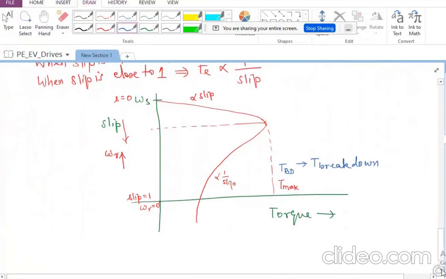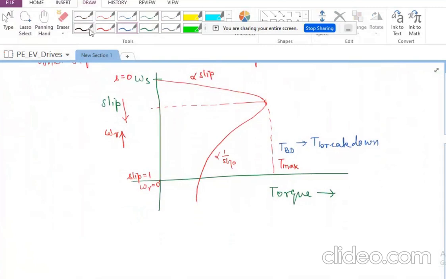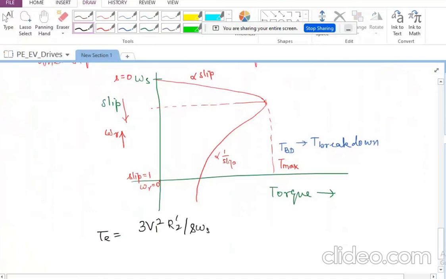So if I have the expression for the torque as 3 V1 square R2 dash divided by s omega s, divided by R1 plus R2 dash divided by s, the whole square, plus X1 plus X2 dash, the whole square.